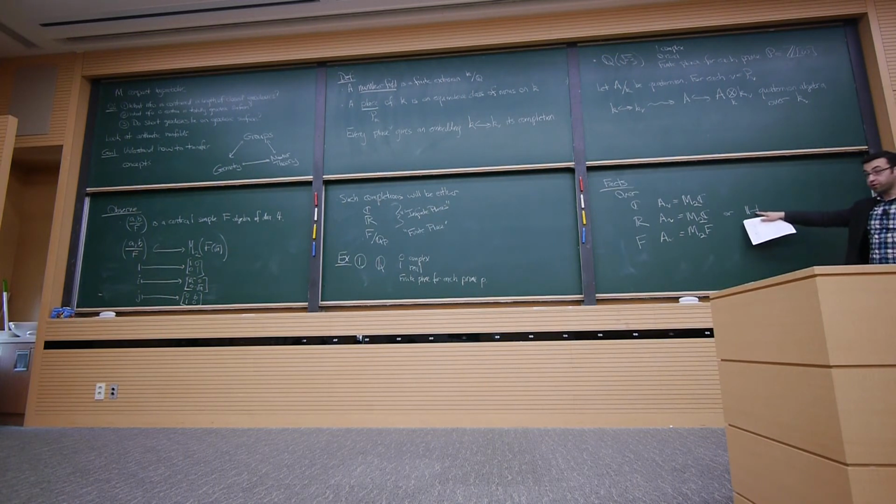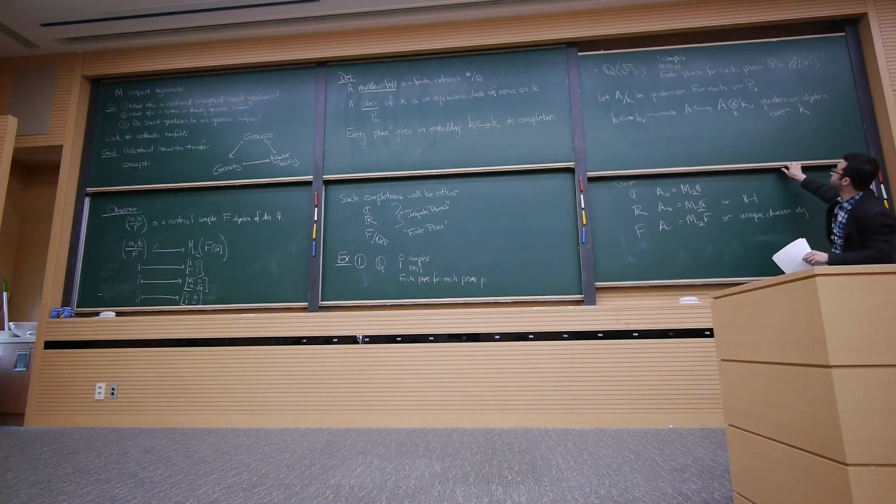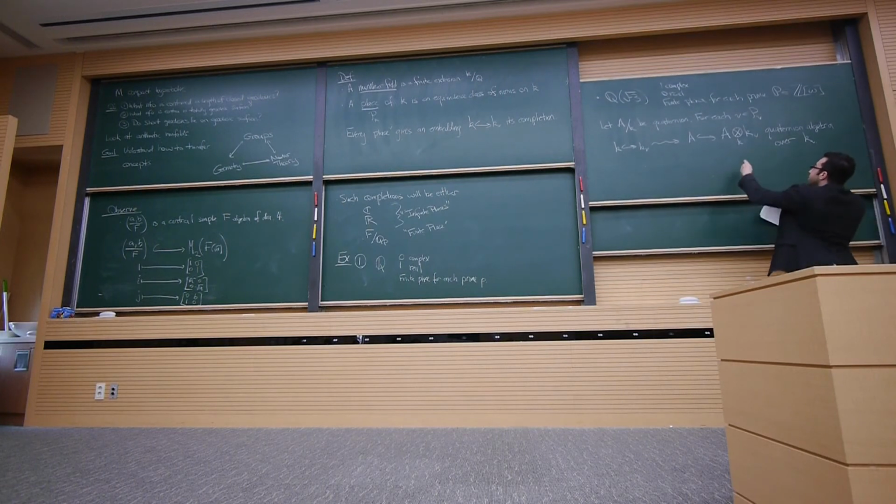It's usually not Hamilton's quaternions, it's some other kind of thing, but there's just one other unique division algebra. So what's the division of A_v? It's just some other quaternion algebra, it's some division algebra.